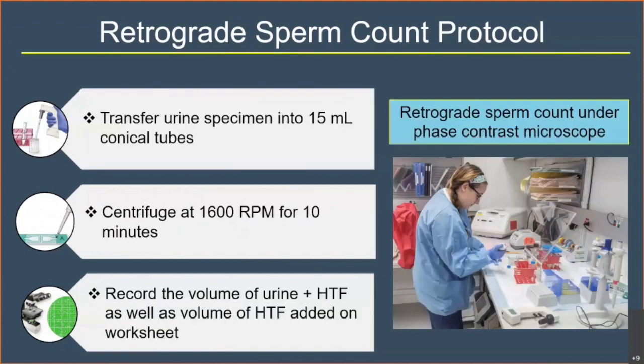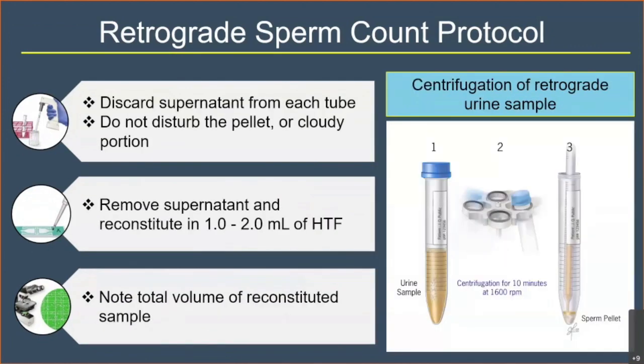Post the transfer of the urine sample into the conical tubes, these tubes are placed in a centrifuge and centrifuged at 1600 RPM for 10 minutes. The centrifugation has been done, and on the right side is the illustration with the sperm pellet at the bottom.